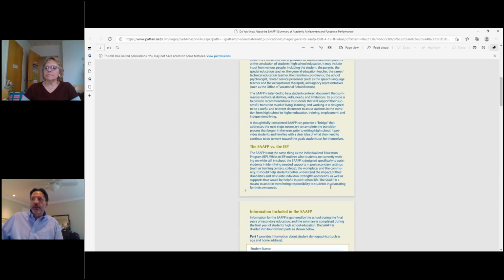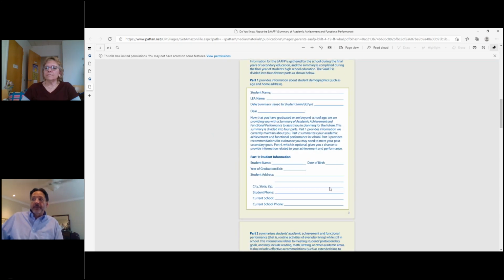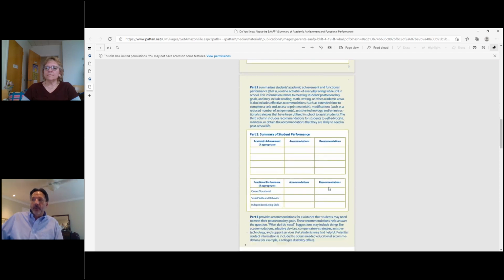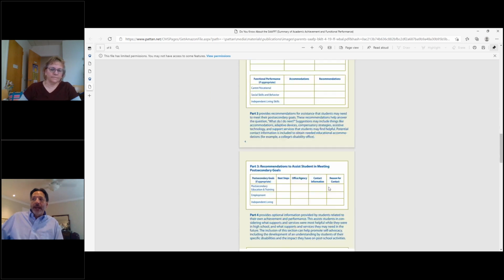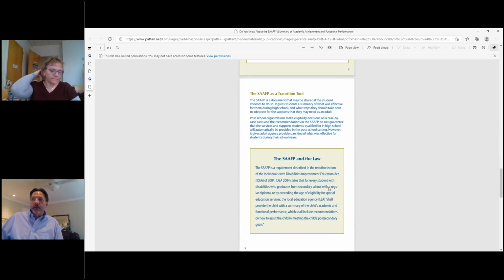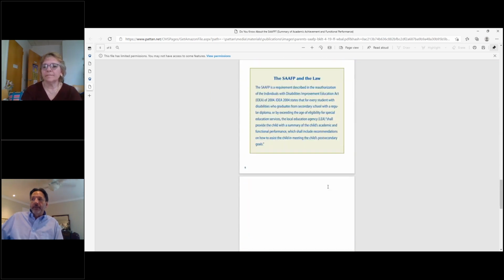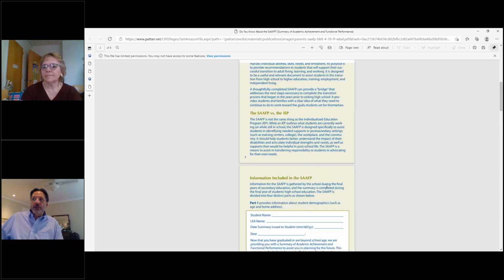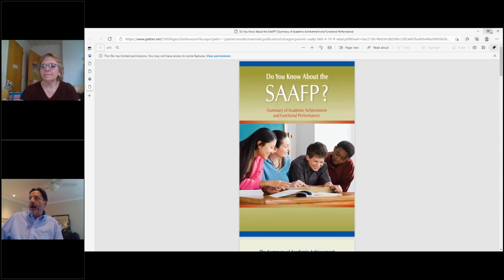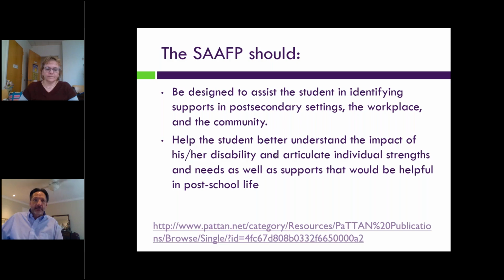And it walks through the document and it provides an example of what could be included in the summary of performance. So I really would highly recommend going to the PaTTAN website and looking up this tool. And there's actually a companion document that goes with this in writing a summary of academic achievement and functional performance. So again, we really do encourage that folks check that out.